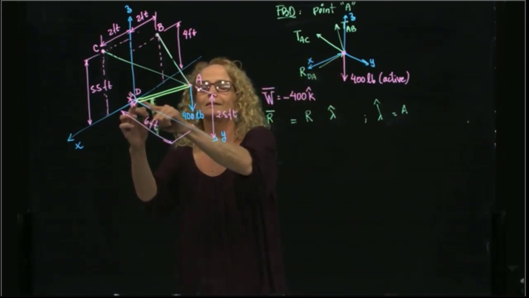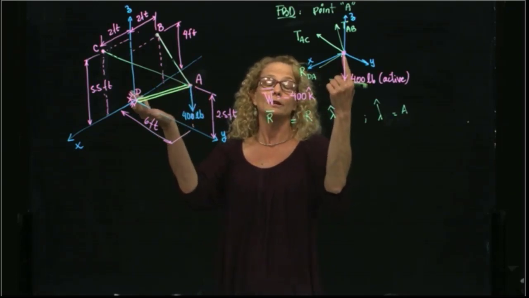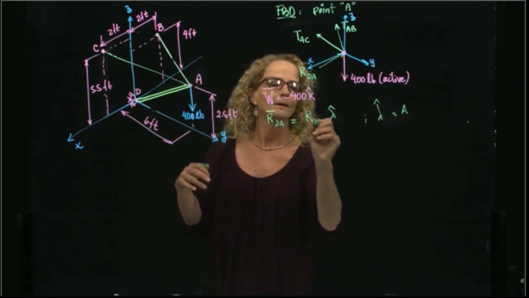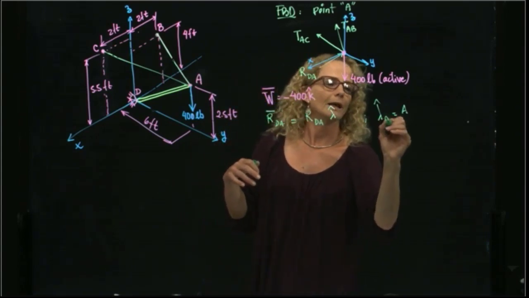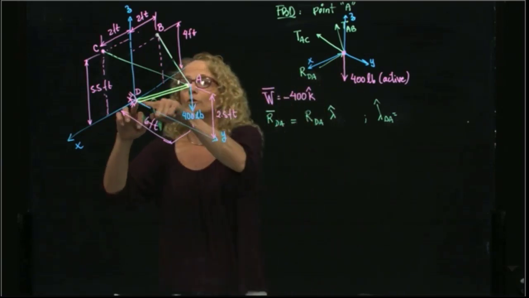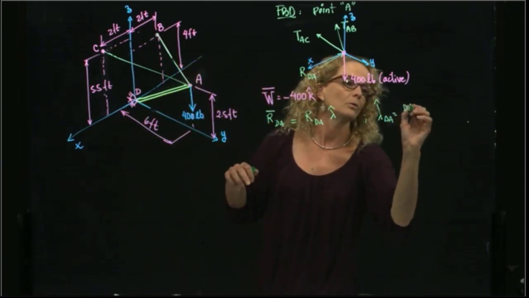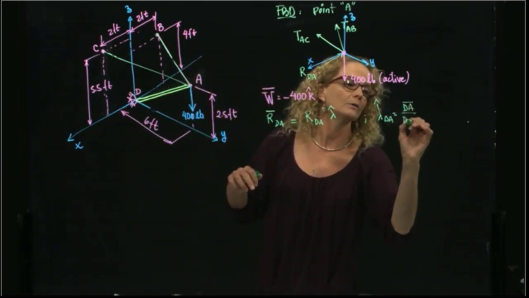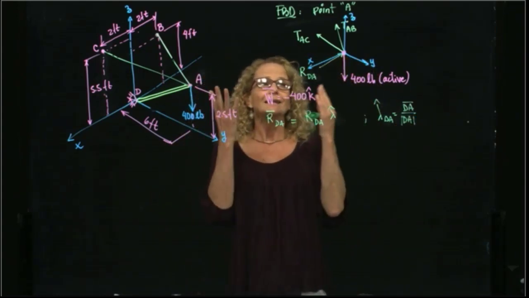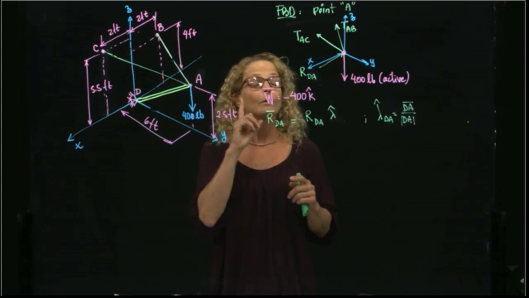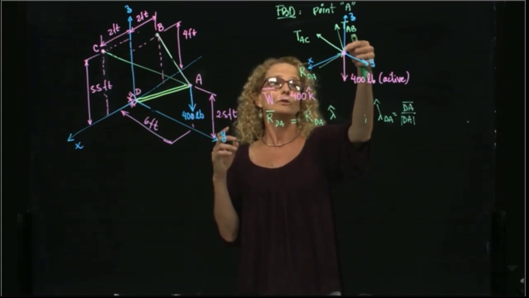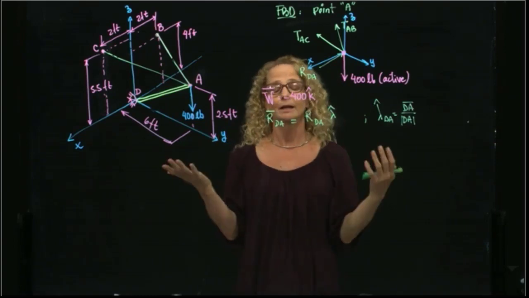I said that my positive direction is from D to A, so I take the vector from D to A over the magnitude of that vector. It will not be wrong if you name this vector in the opposite direction; you just will get a negative value.